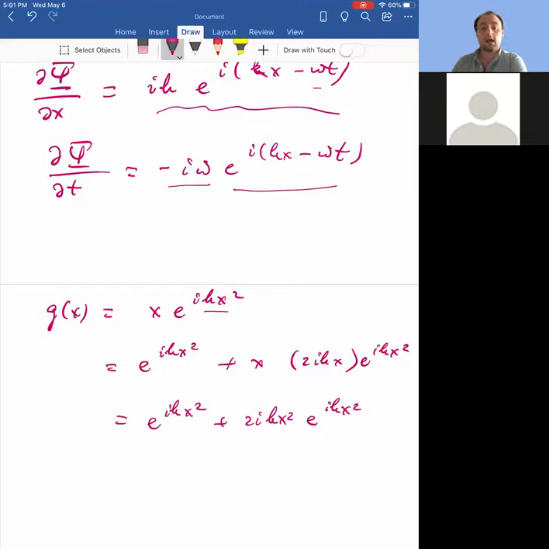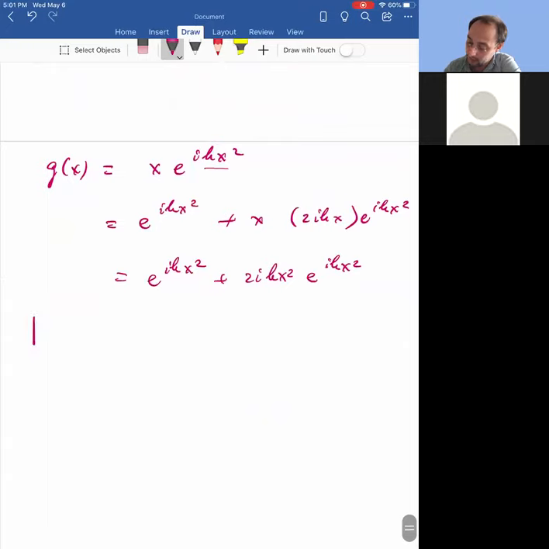You will have to take some derivatives, but not so much integrals, so I'm not going to talk about integrals. And I'm out of time. So this was a little bit of a review of complex numbers, functions of complex variables. By the way, if I wanted to calculate the amplitude of g of x, that's x e to the i(kx squared) times x e to the minus i(kx squared).